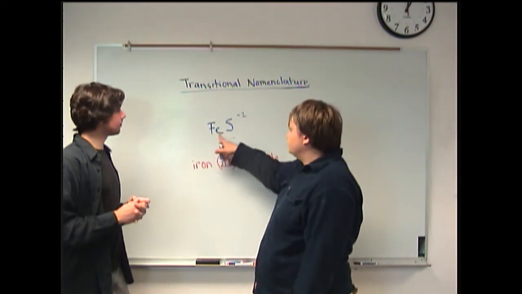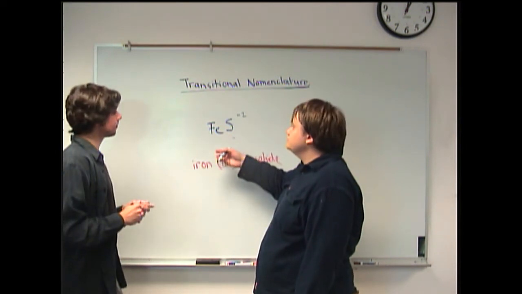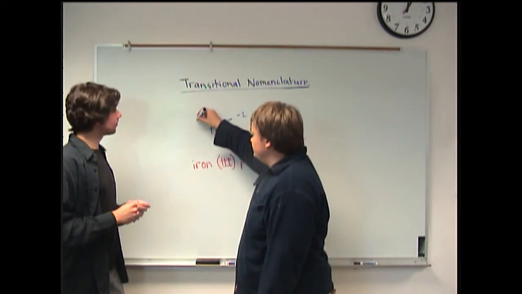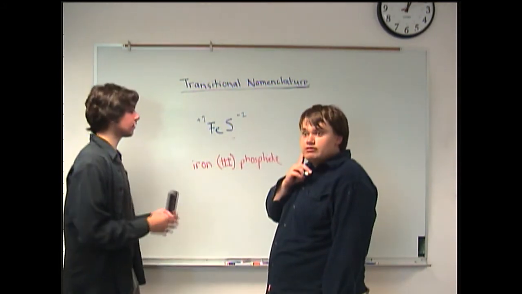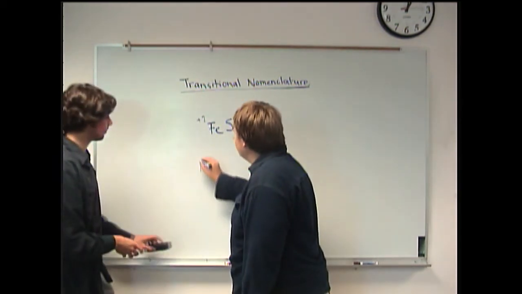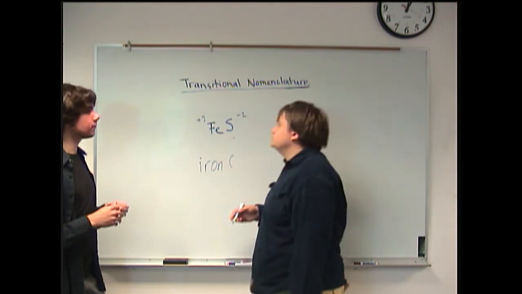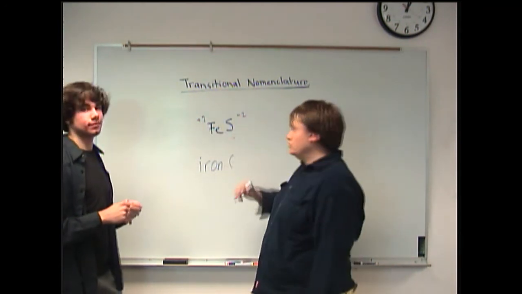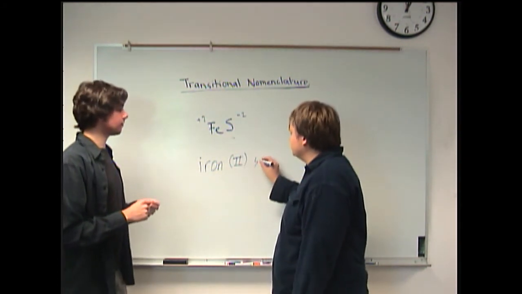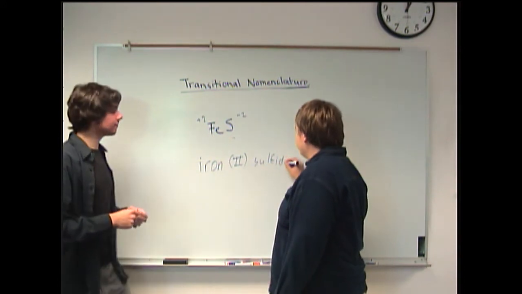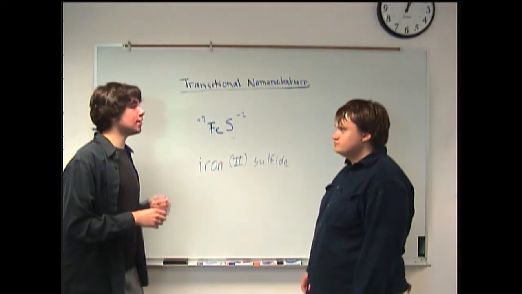So to cancel a -2, we need a +2 from the iron. Since there's only one iron, it's going to be +2. Now if I try to name it, iron again, then parentheses. Since it has a charge of +2, we need a Roman numeral II. And then sulfide. That's pretty easy, actually. And that's basically how you do transitional nomenclature.